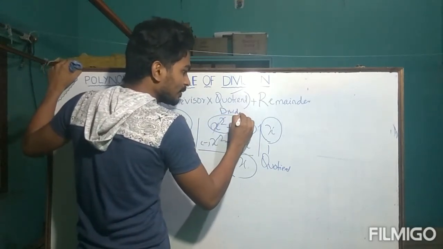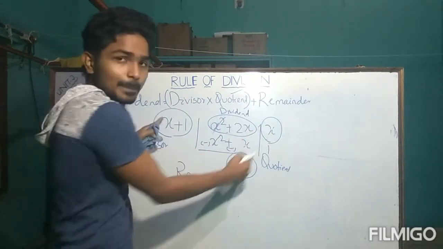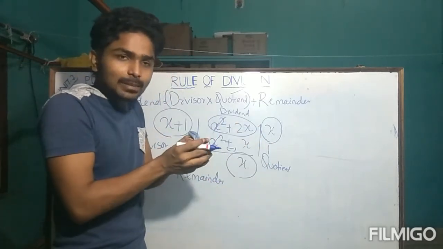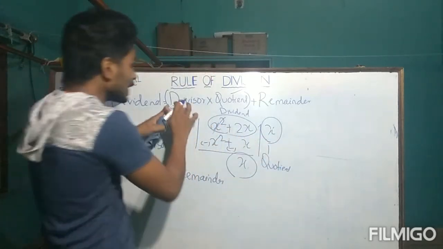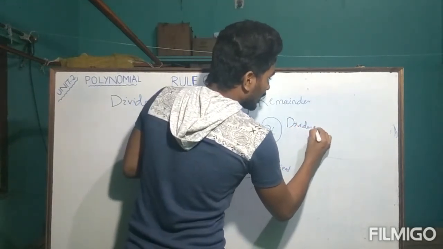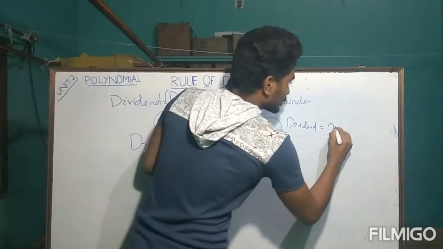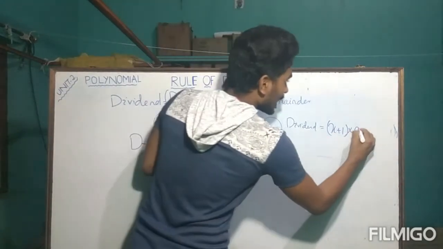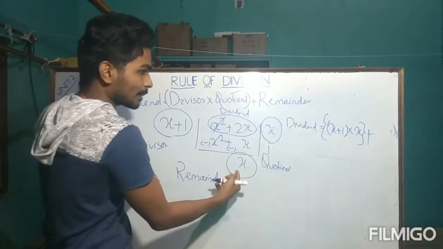This is the dividend we have, but we will verify whether the divisor, quotient and remainder, when operated with each other, give the dividend. As we have the formula, dividend is equal to divisor, which is x plus 1, into quotient, which is x, then plus remainder. Here the remainder is x.